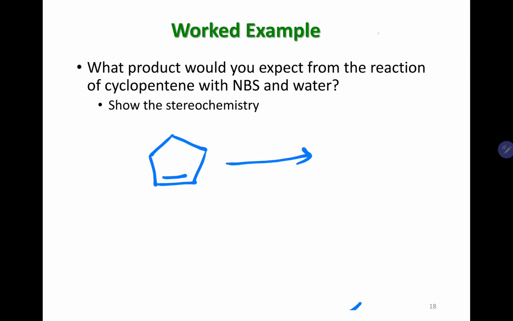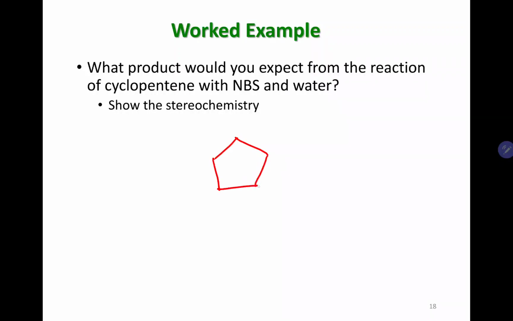And we don't worry about which carbon gets the bromine and which carbon gets the OH, but instead we have to worry about the orientation of the two incoming groups. So the OH group will be on one plane and the bromine will be on the opposite plane.